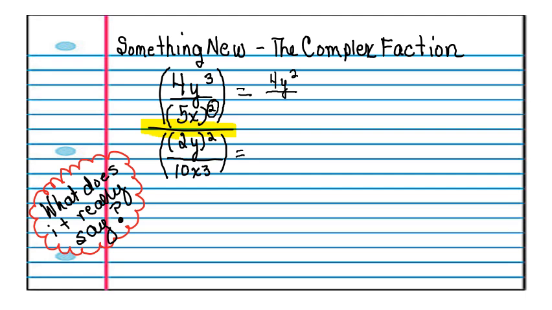So that means 5x times 5x, or 25x squared. Remember, at any time I go a little bit fast, you can just stop the tape, run it back, listen to it again. Bottom one, we see in the denominator of the bottom fraction that it's also being squared, so that's 2y times 2y, or 4y squared.